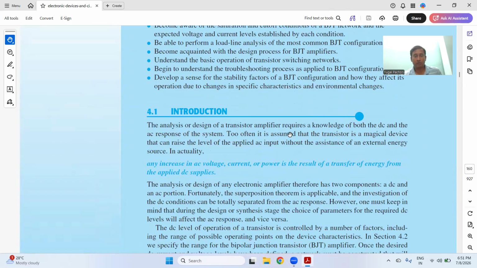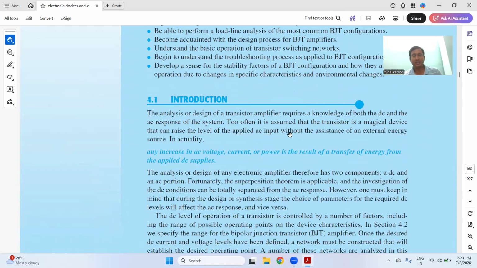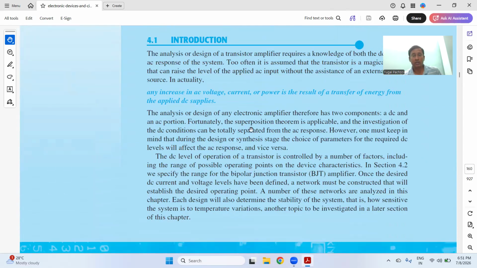Now let's study what BJT biasing is in detail. Let me read out the statement for you. Any increase in the AC voltage, current, or power is a result of the transfer of energy from the applied DC supply. A transistor is an active device and has its own energy.